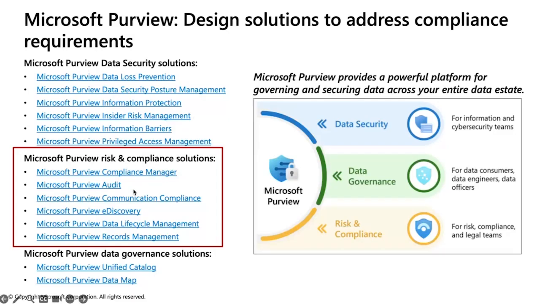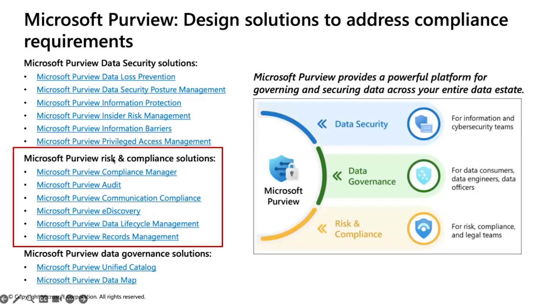Apart from that, auditing, communication compliance, Purview eDiscovery, Purview Data Lifecycle Management, where we talk about retention, and Purview Records Management all come under risk and compliance solutions. If you talk about data governance, the Purview Unified Catalog and Purview Data Map come under that category. So these are the different kinds of solutions we see.